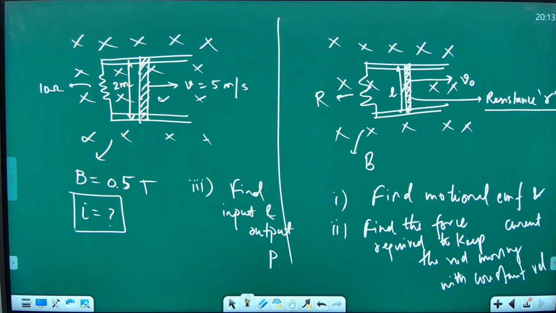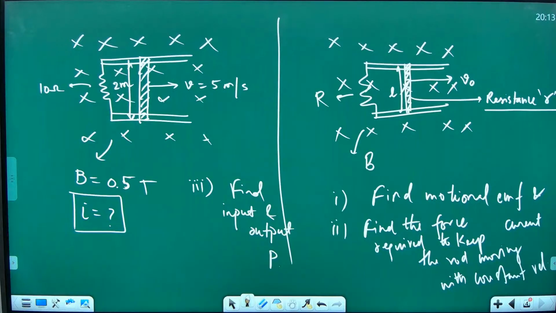Yeah, tell me what. Input or output? Output current, how much you telling? Output power, how much you telling? No, mistake. Sir, this force is BV. Force is how much? Tell me again. BV. B into V. Yes, sir.